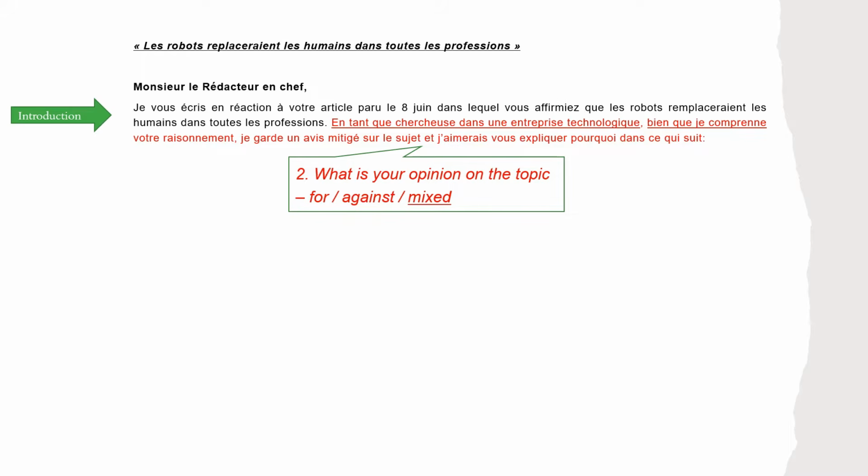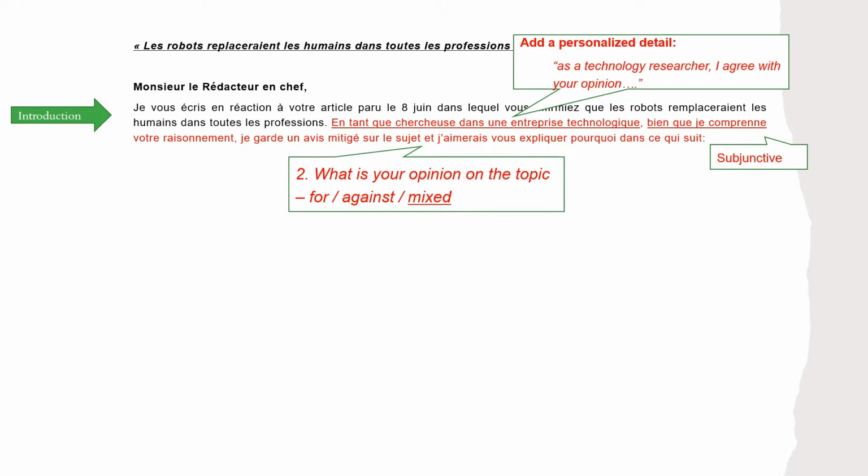So I'm going to provide a mixed opinion. My one argument is going to be for, and two arguments are going to be against, because I am actually against this statement, and that is why I have the majority of my arguments against this topic, and only one argument is for this topic.